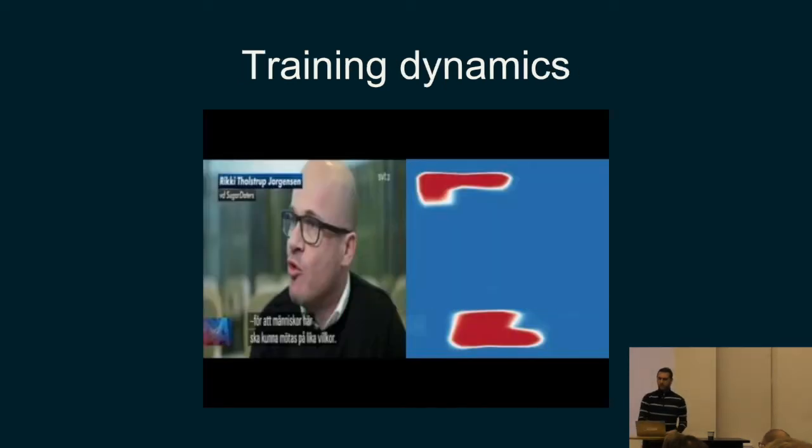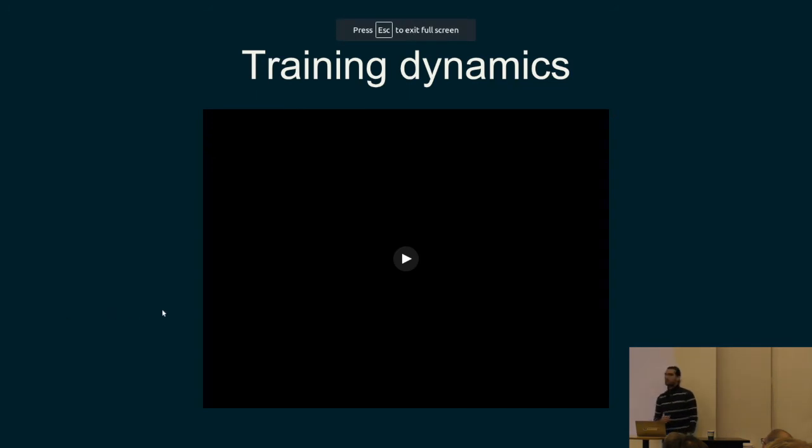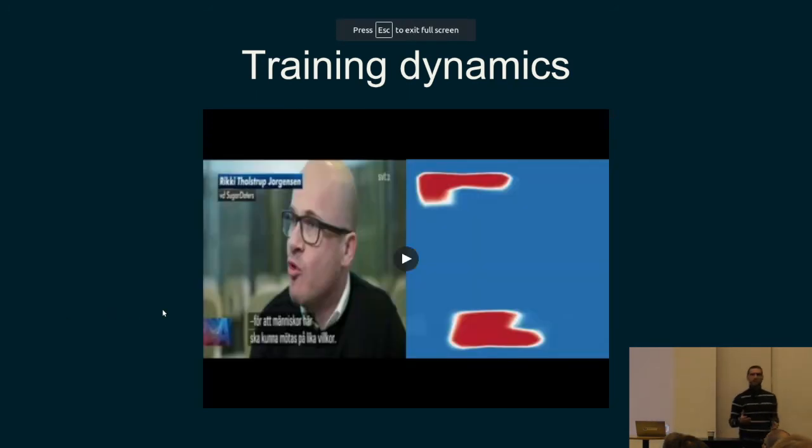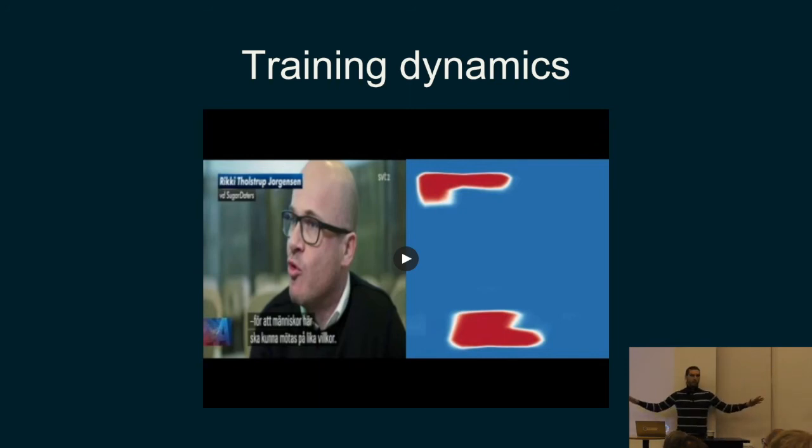This is a video of an image from the validation set. We're going to show the heat map, or the prediction that we're making. Blue is 0, red is 1, and white is in between. The first thing the model does when you're training it is just say, okay, there are no boxes. If I can't be very specific, that's the best thing I can do. And then eventually it starts learning something useful.